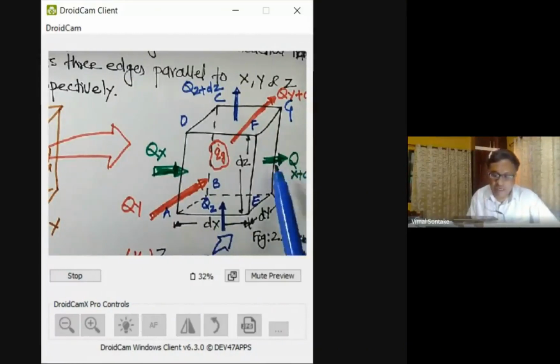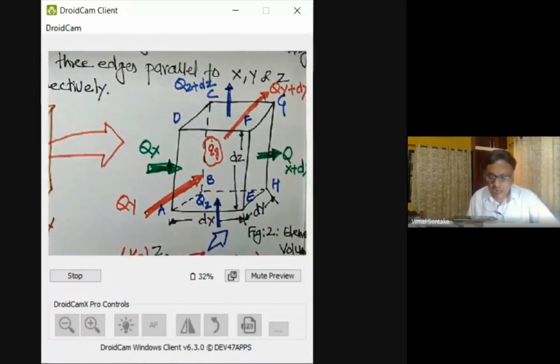So the amount of heat which is leaving this face EFGH will be the summation of the heat entering at this face and the amount of heat which has changed while flowing through this distance dx. And this can be found out by applying Taylor series expansion.